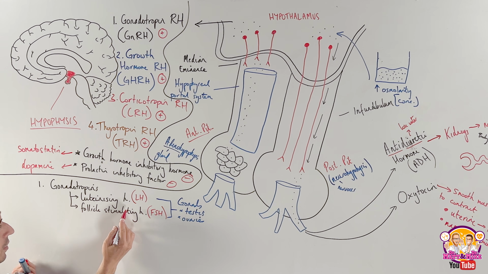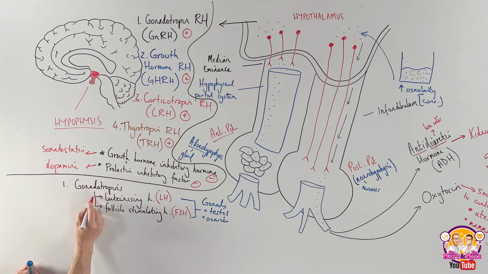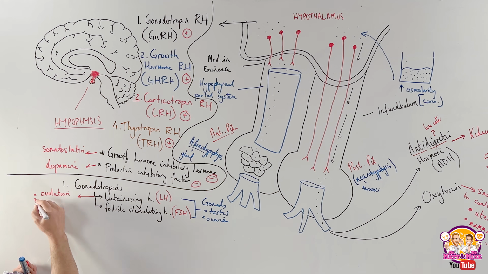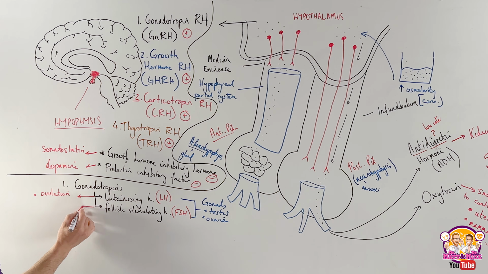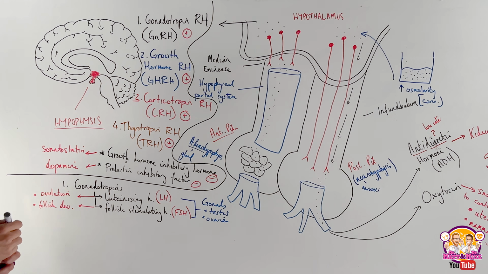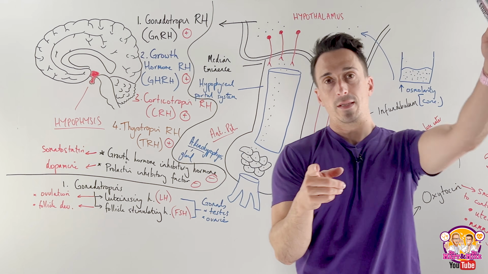Luteinizing hormone stimulates ovulation in the female. And follicle stimulating hormone stimulates follicle development.